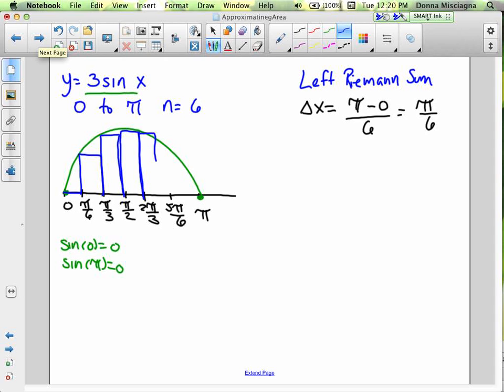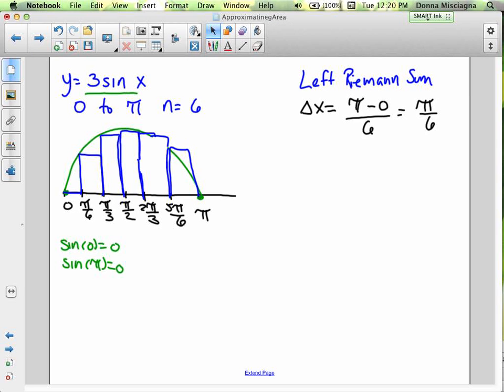So I'm going to go out of the boundaries here. Oops, I missed the line totally. My hand is blocking. And then 5 pi over 6 hits the curve. And there we go. And notice we don't use pi.